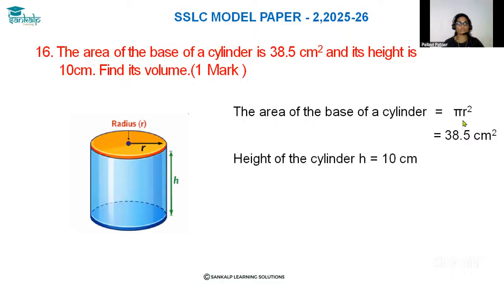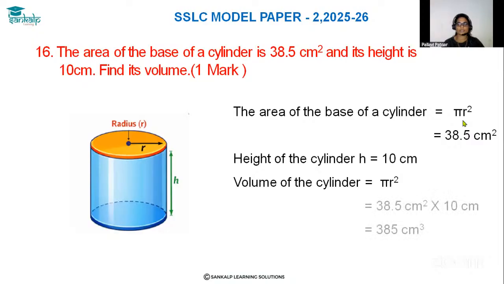So we have to find its volume. So here volume of a cylinder is equal to pi r square. Once again, I will repeat this question.